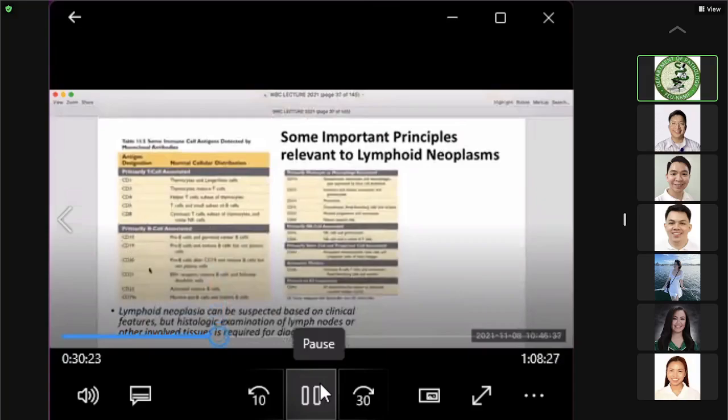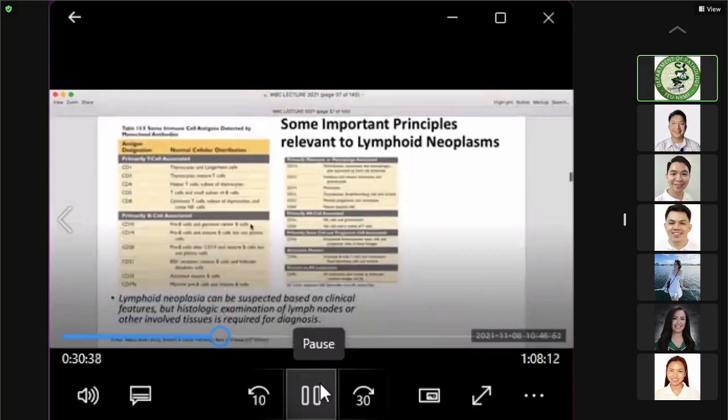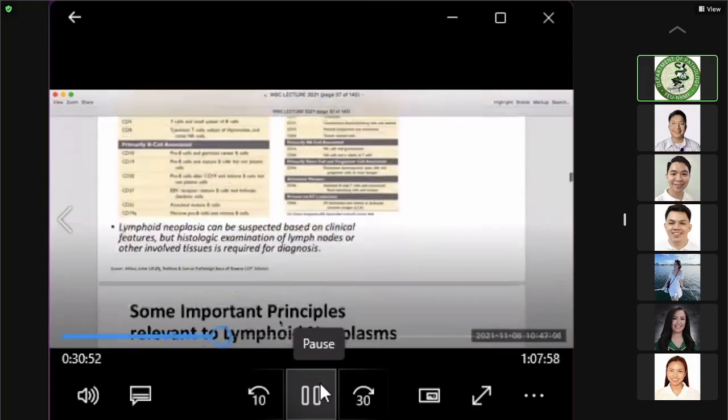Primary B cells, these are the ones that will become positive, and so on. So these are markers that we can utilize to determine the classification of the lymphoid neoplasm. The lymphoid neoplasm can be suspected based on clinical features, but histologic examination of lymph nodes or other involved tissues is required for the diagnosis.